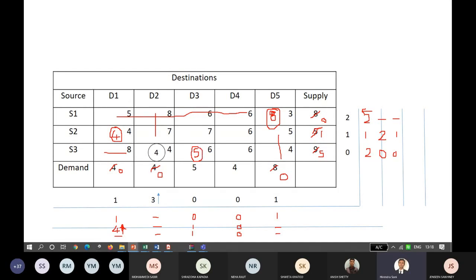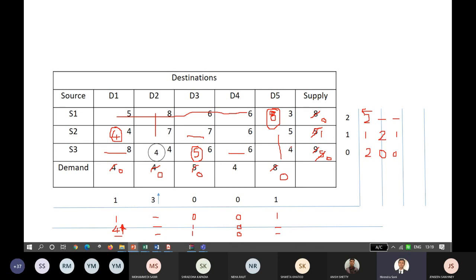The minute I make an allocation of 5, this becomes 0. So this is gone, and this has also been exhausted, so this is also gone. So now I am left with only one cell for allocation.